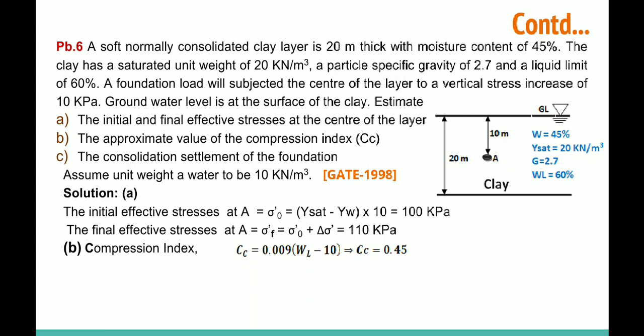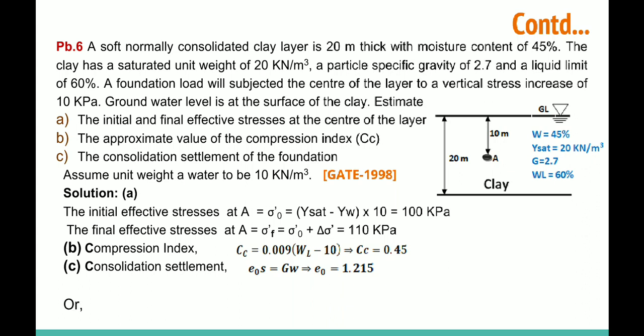Next, let's go to the third part, the consolidation settlement of the foundation. For that we have to calculate the initial void ratio. We have the G value, the water content, and S equal to 1, meaning the degree of saturation is 100%. So the initial void ratio is 1.215.